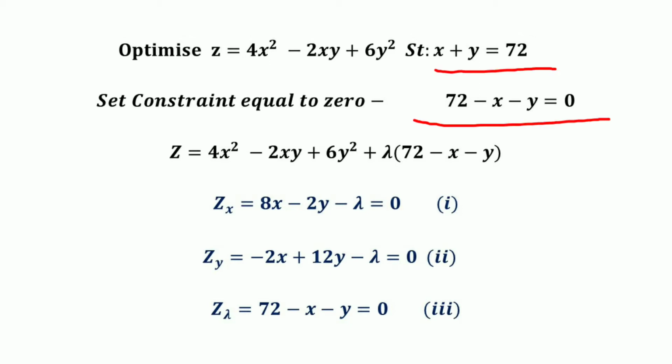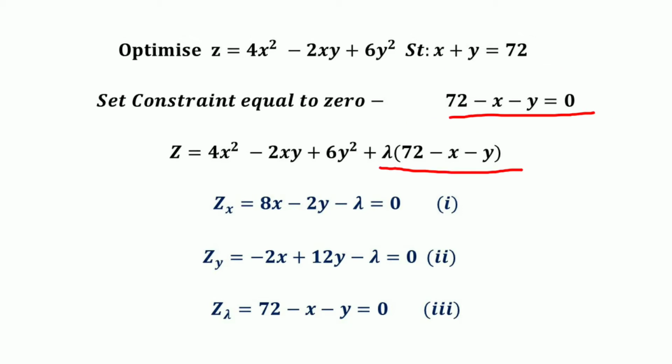Here the given constraint is x plus y is equal to 72, and if you make it equal to 0, then it is 72 minus x minus y is equal to 0. Now multiply this difference by lambda and add the product to the objective function in order to form a Lagrangian function.